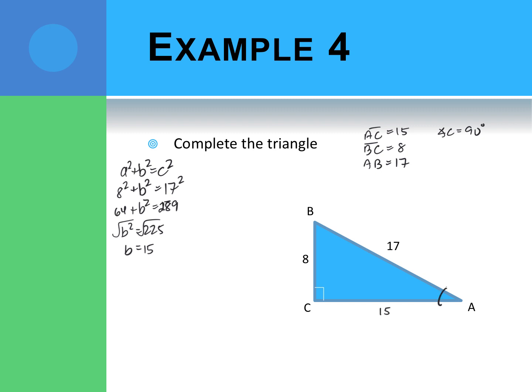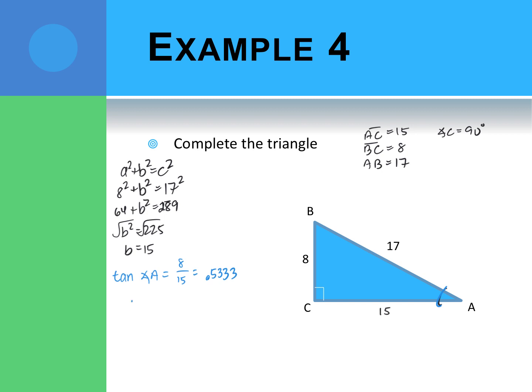So I'll start here, and I'll do angle A, right? I know that I have to set up a ratio here. The tangent of angle A is going to equal opposite side over adjacent side, and opposite over adjacent is going to equal 0.5333 as a decimal.